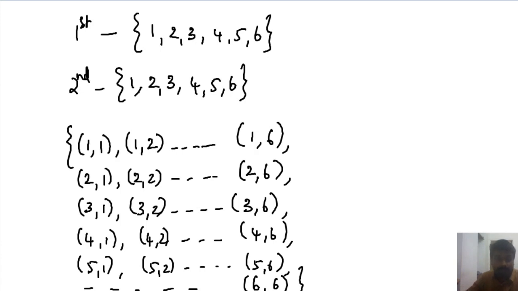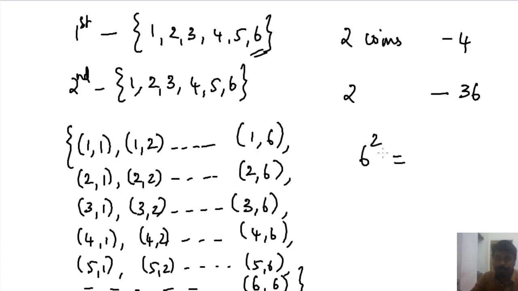What happens here is you can write that in a simple format. In the earlier case, you had two coins and you got 4. With two dice you got 36. The thing is that you have 6 options here, so 6 squared will be your sample space.